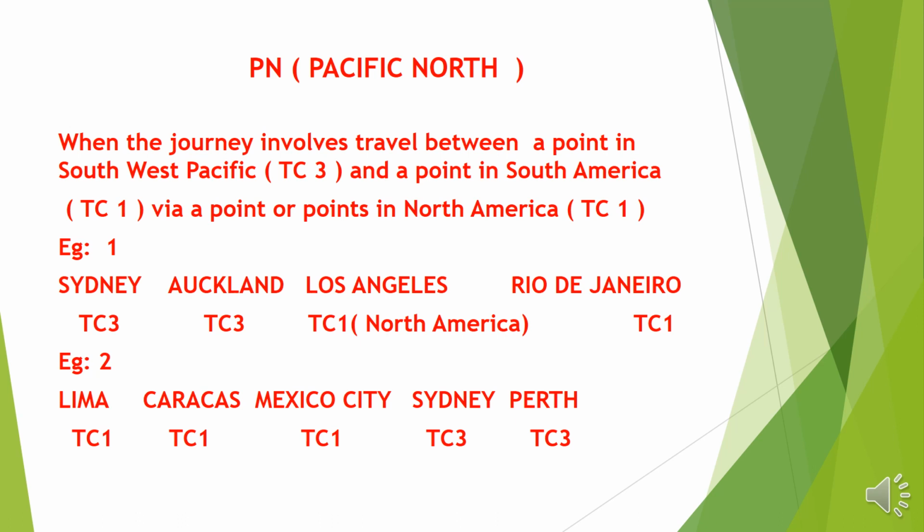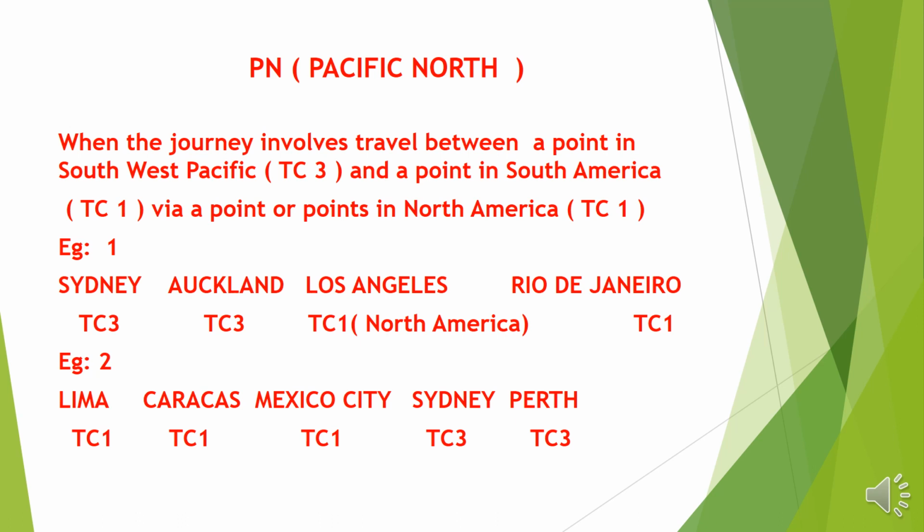So the journey originates in Sydney, which is in Southwest Pacific, and it is destined to Rio, which is in South America, and the passenger travels via a point in North America, which is Los Angeles. Hence, the definition of PN applies.